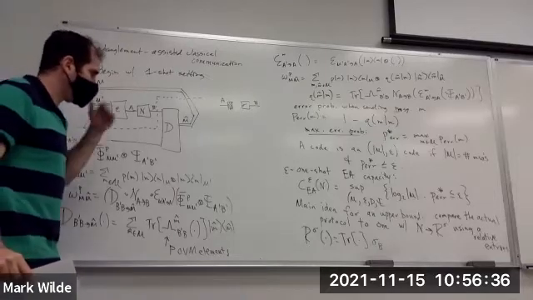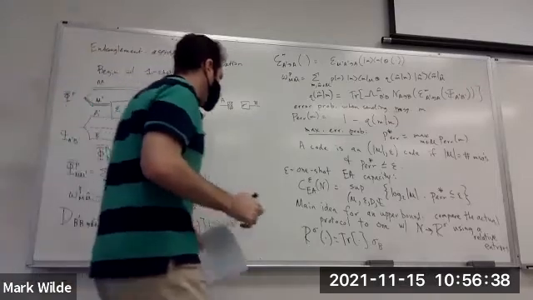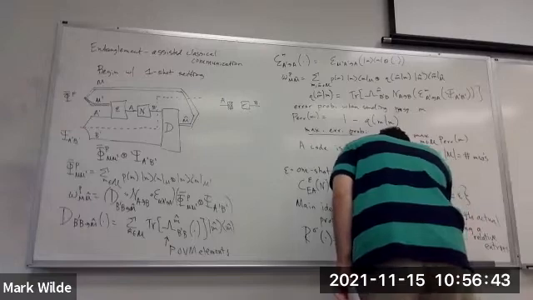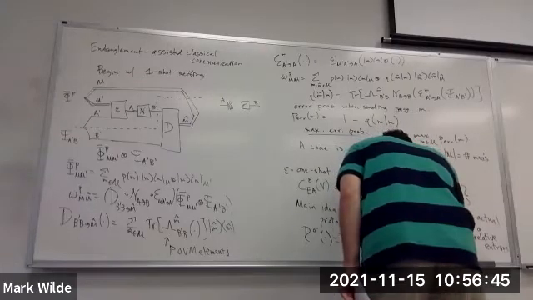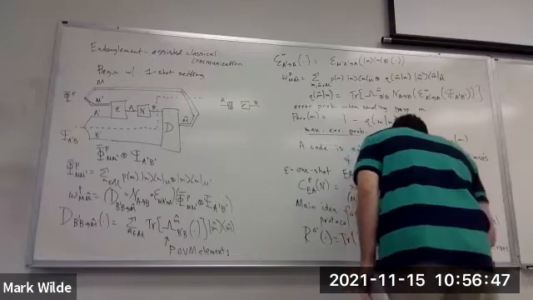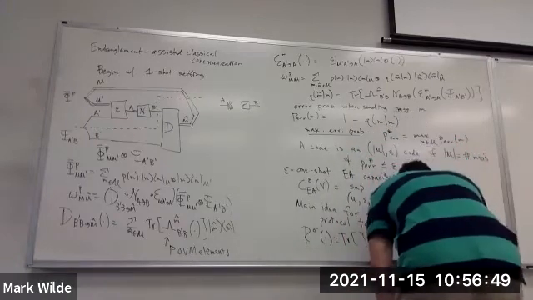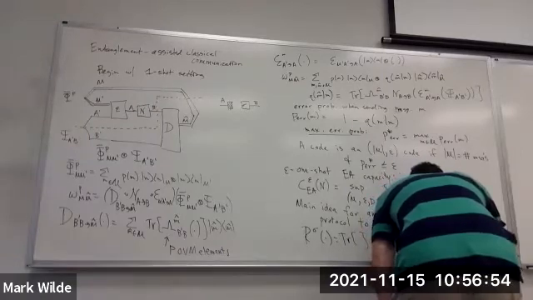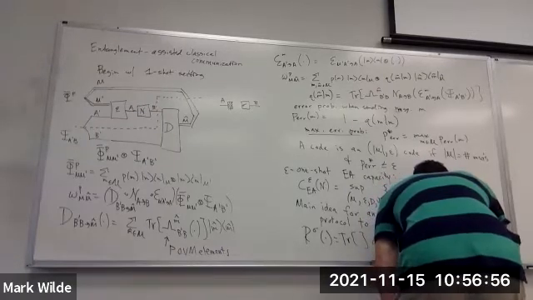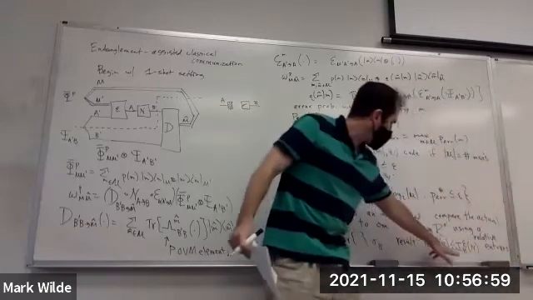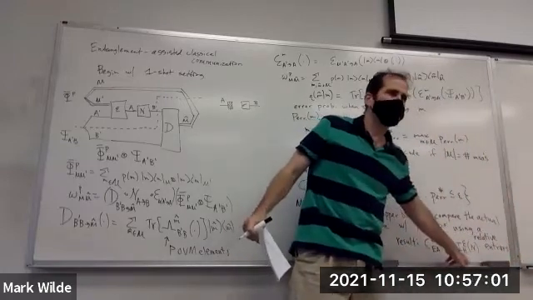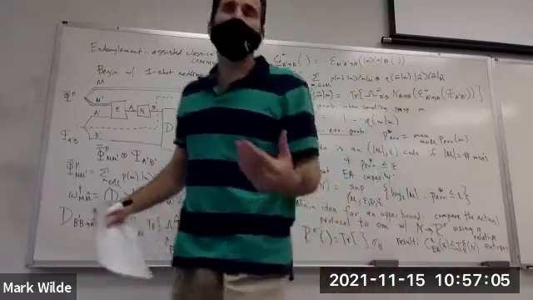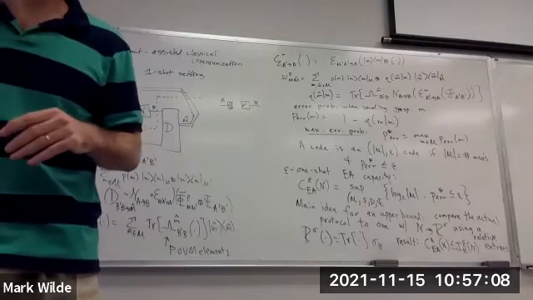And then what we will find after a bit of work is this upper bound. The one-shot capacity will be bounded from above by a quantity that we'll call the hypothesis testing mutual information of the channel.